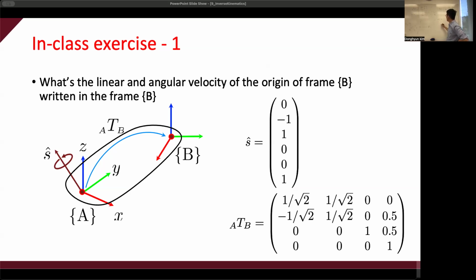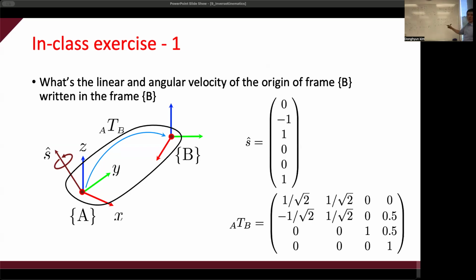So the cross product form is this, right? And it's going to multiply with P, which is -1, 0, 0. Right? Did I make any mistake?